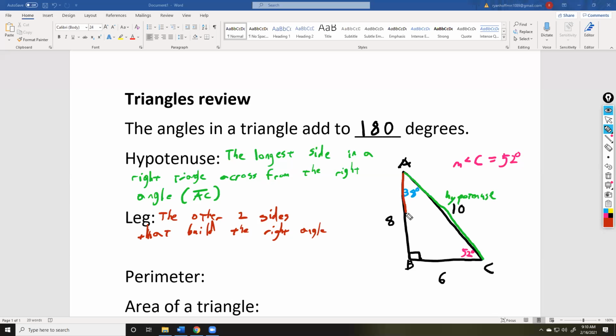So in other words, this side here, tracing out the right angle. So these two sides trace out the right angle. So they are both legs. Here's a leg, and here's a leg.